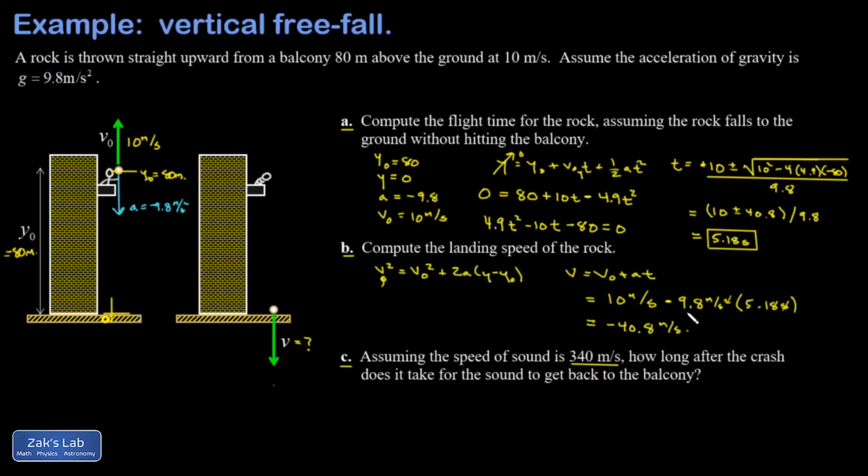Now notice that's not technically the answer to the question, because the question was, what's the landing speed? And that's just the magnitude of the velocity vector. So I can just erase my minus sign because I'm just talking about how fast, not what direction. And I'm being a little ambiguous with my notation here, but I'm writing a v now to stand for the magnitude of the velocity vector.